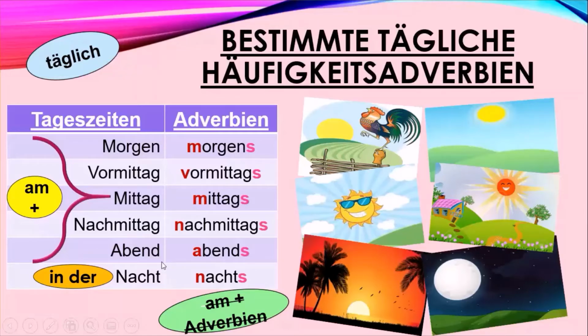Now, when we are converting these times of the day to adverbs, we shorten the first letter and add an S at the end of the word. Morgen becomes morgens. Vormittag becomes vormittags.